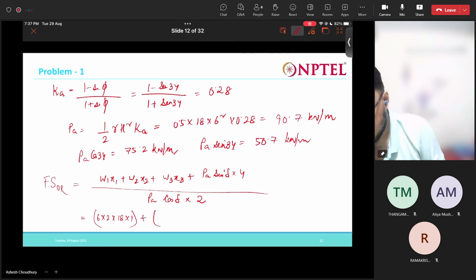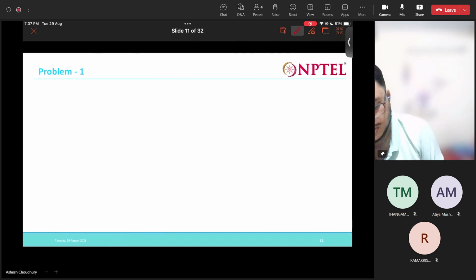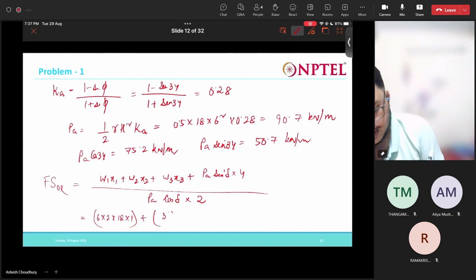For the next one, what is this side? 3.9 from here to here. So 3.9 into 1 into 18 into lever arm 2.5. Same for W3: 1.8 into 1 into 18 into 3.